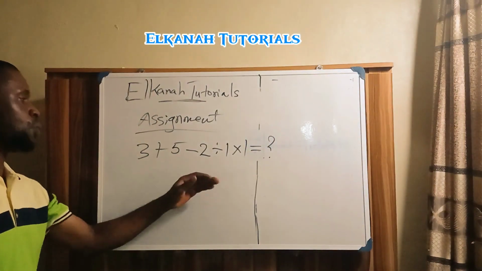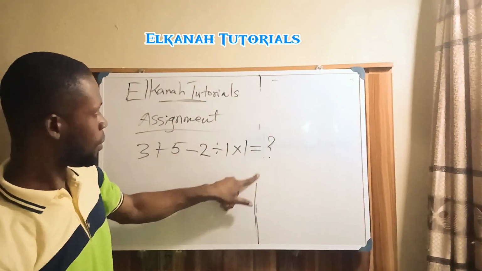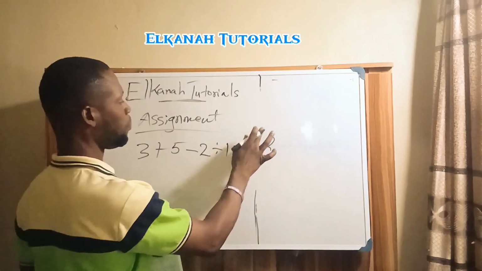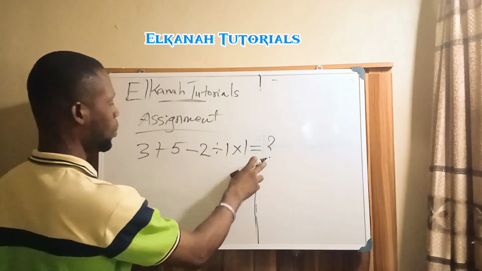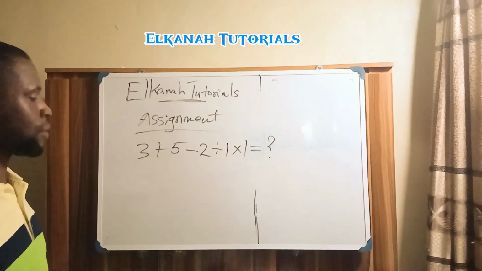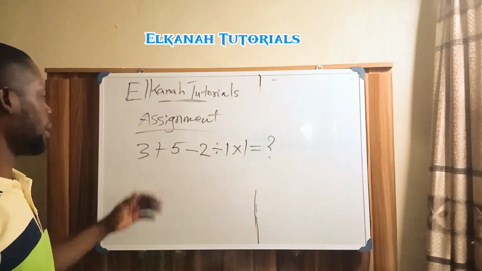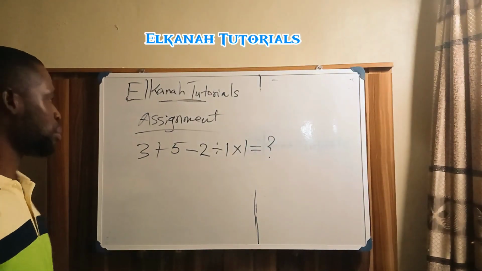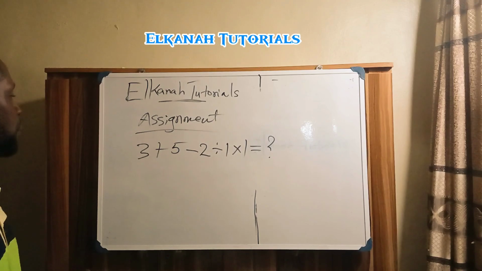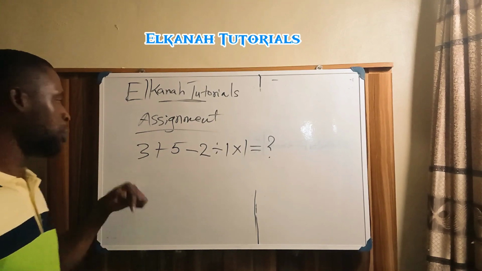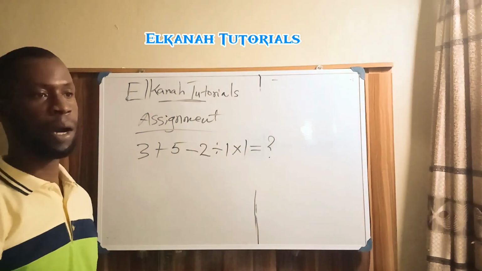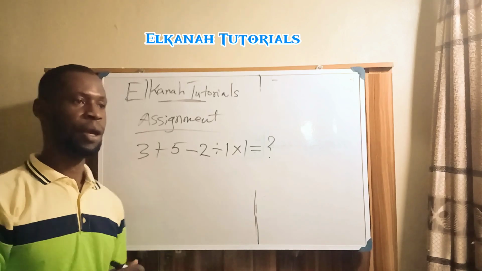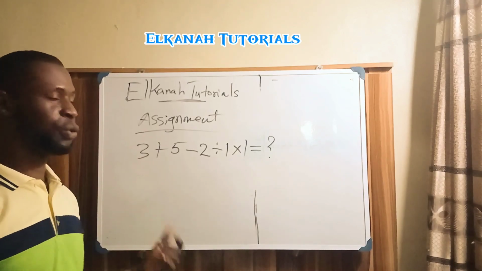So what's the solution of this kind of problem? By applying the rule of Bodmas, you will discover that this is a very simple problem. So please do it and drop it in the comment section. I'm going to go through it and then I may reach out to you.